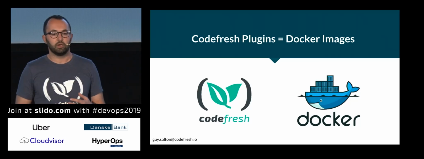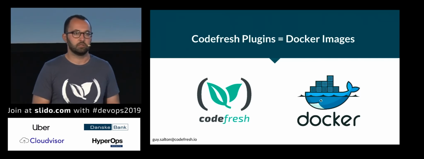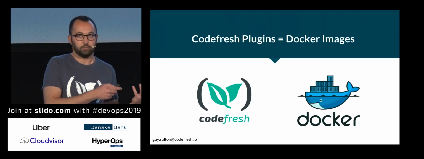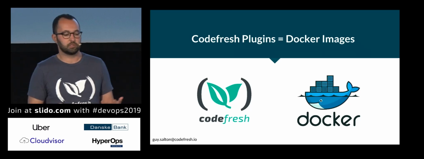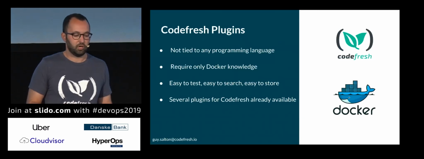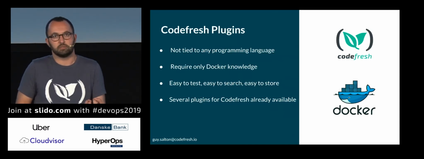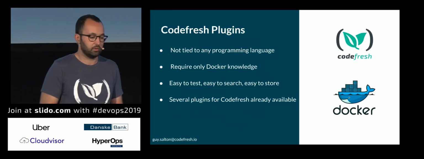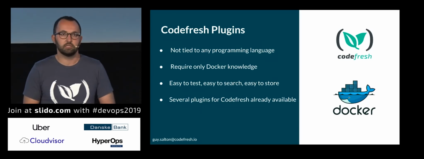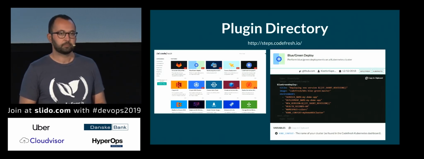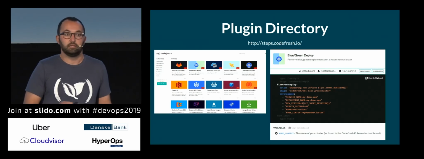While with Codefresh or similar tools, the plugins are simply Docker images, like we just saw. So all you need is just some Docker knowledge on how to package tools inside a Dockerfile, and then create a plugin.